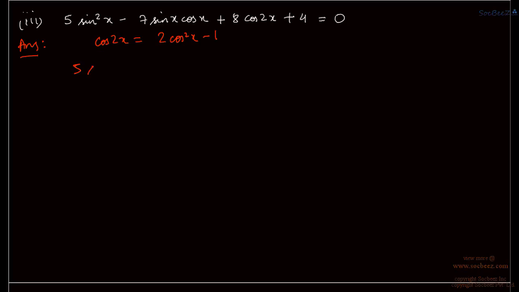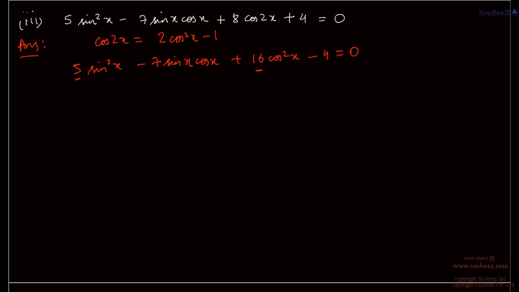So let's put that here with 5 sin squared x minus 7 sin x cos x. 8 times (2 cos squared x minus 1), that gives us 16 cos squared x minus 8. Minus 8 plus 4 becomes minus 4. Okay. Now we see that a plus d is not equal to 0. This was our a in the equation we learned then.